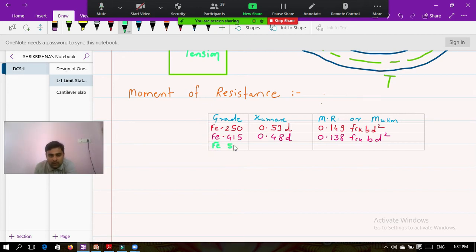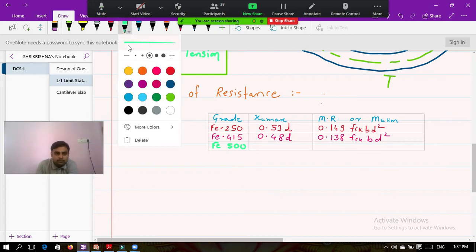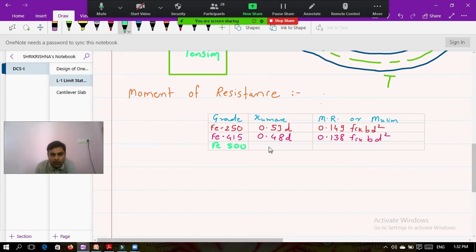For Fe 500 it is 0.46D, and the moment of resistance is 0.133 FCK BD square.